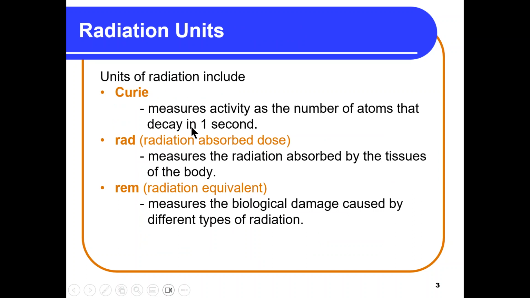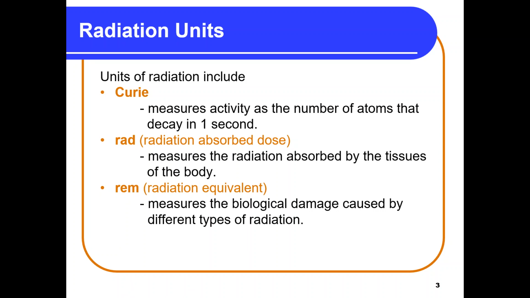Directly from such a measurement, we can determine the amount of what we call Curie. This is a unit of radioactivity, and it measures the activity as the number of atoms that decay in 1 second. There are some other units in relation to the effect of radiation on the tissues of a biological system.